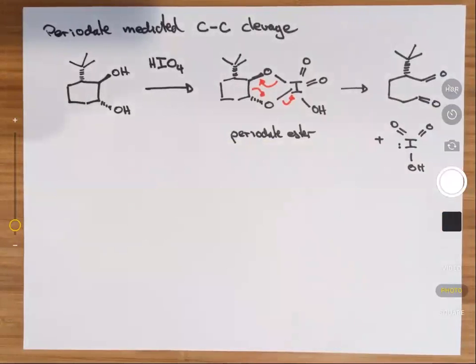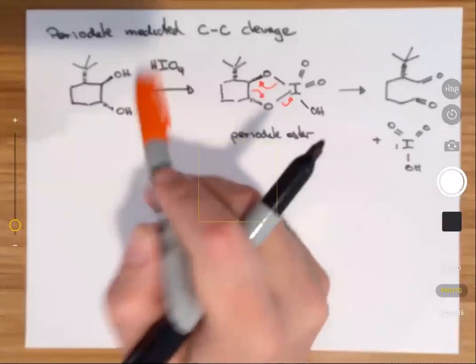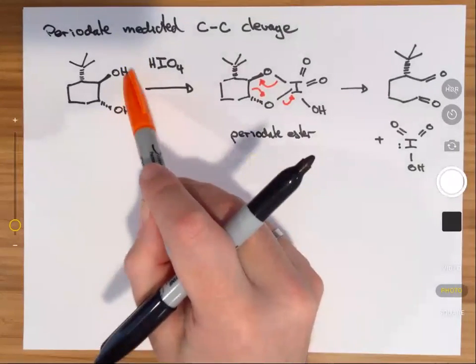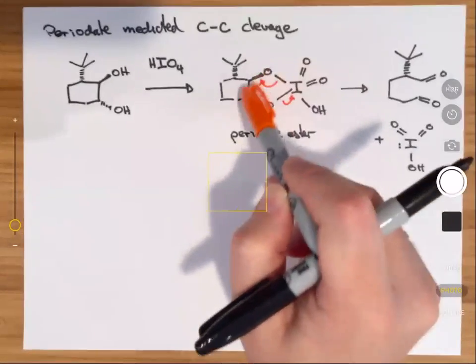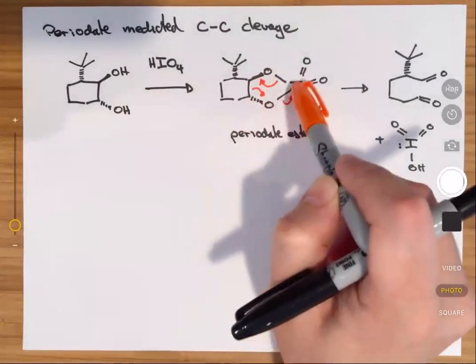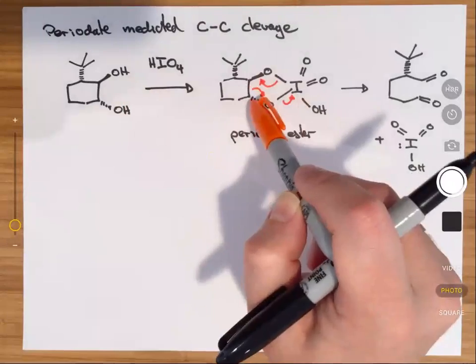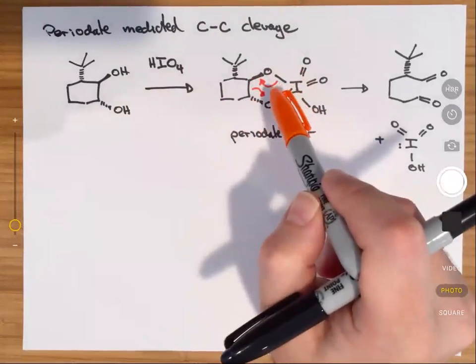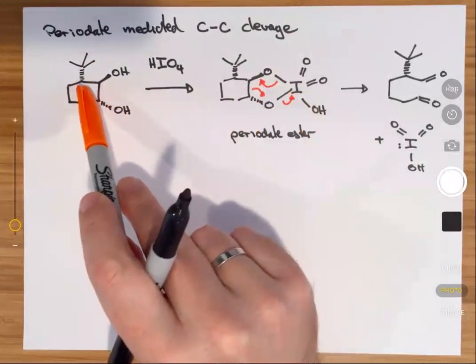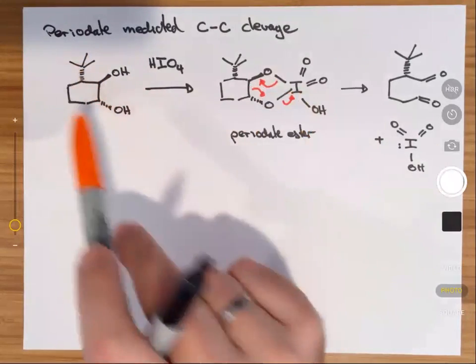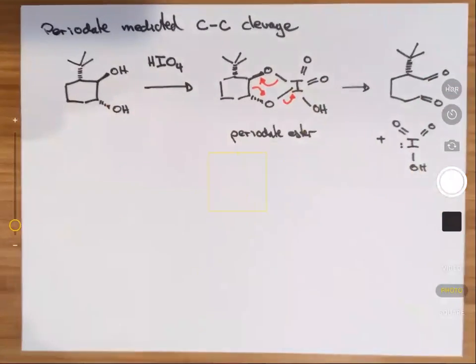Now, the important part for this reaction to work is that you actually have these hydroxyl groups here in a conformation where they allow the formation of this cyclic iodate ester. And not all reagents, especially if they are locked in their conformation, like with this T-butyl group here, react the same way.